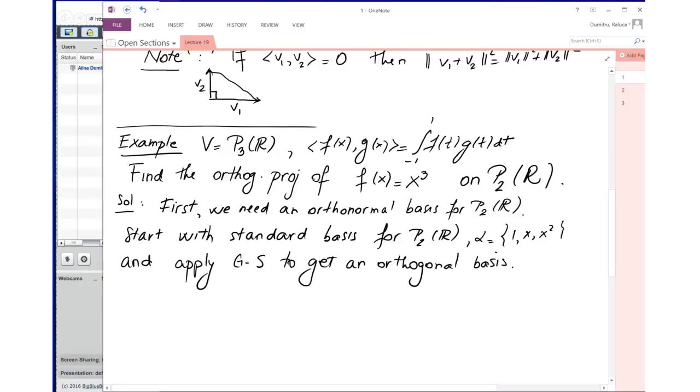We've seen an example like this before. I'm not going to waste more time applying Gram-Schmidt again. Hopefully it's clear how to apply that. Let me tell you what you get.